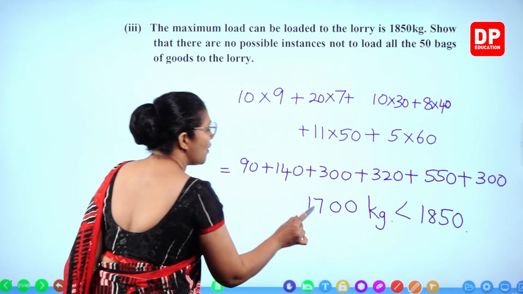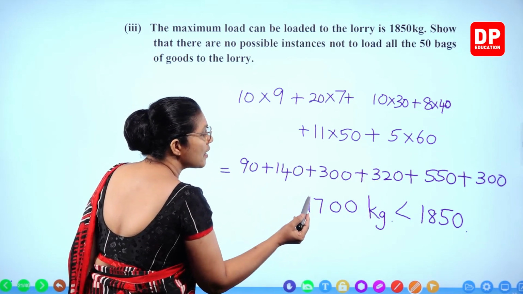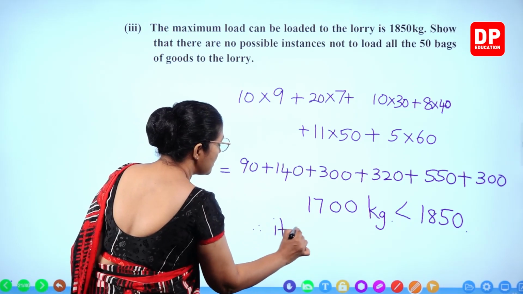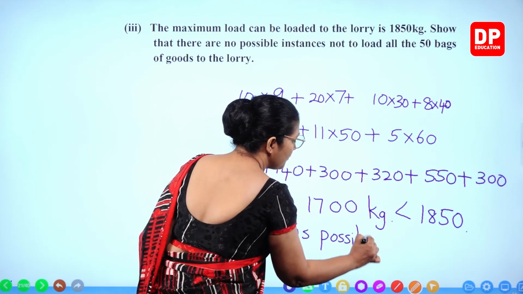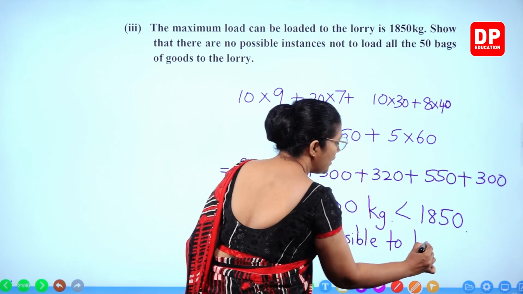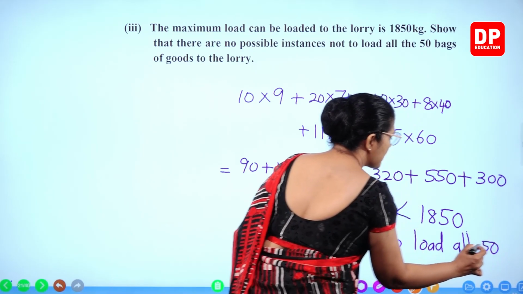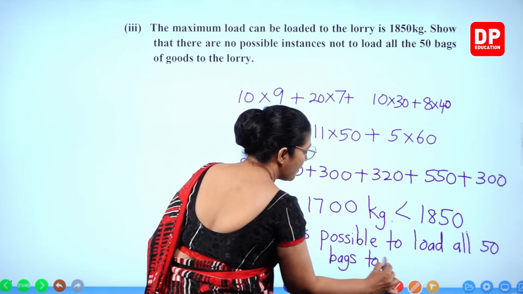So we can say 1700 is less than 1850. So therefore, it is possible to load all 50 bags to the lorry.